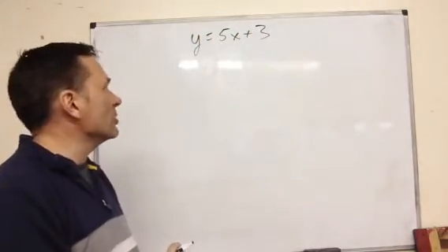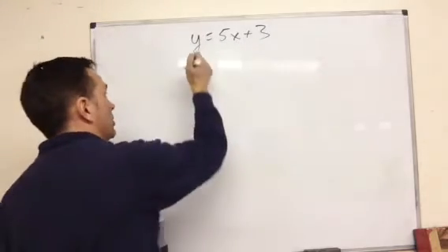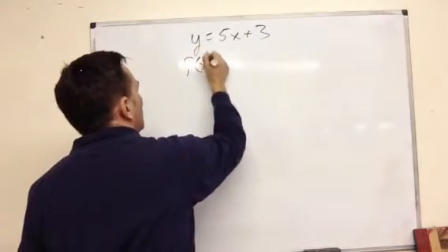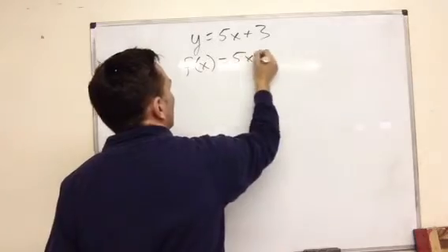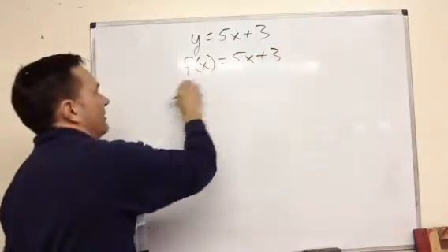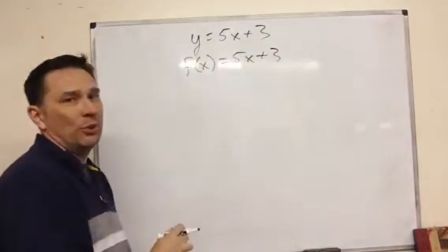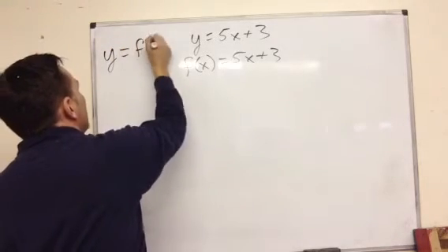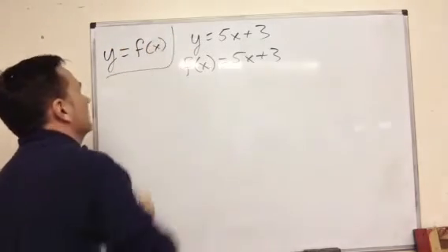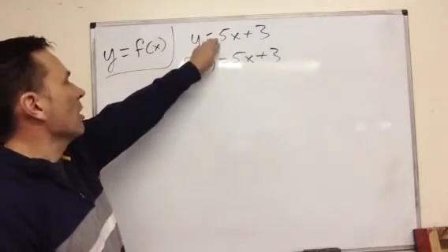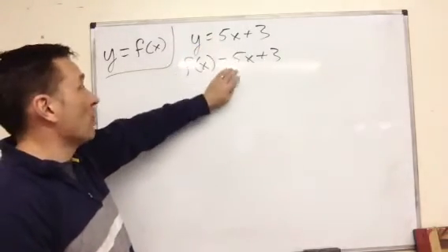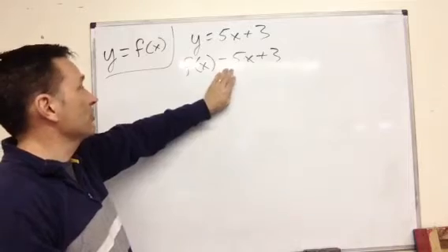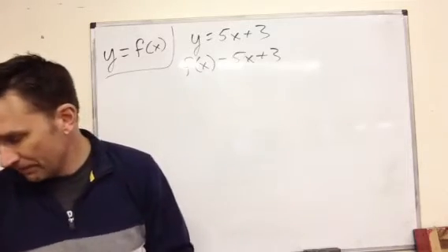Now, in function form, the only thing that changes is we have this kind of notation. f of x is substituted for y. y is the same thing as f of x. This is more like a mathematical symbol, just a lot fancier.